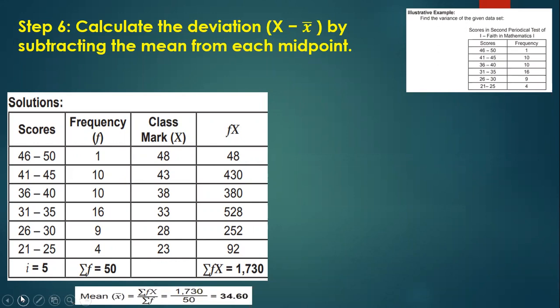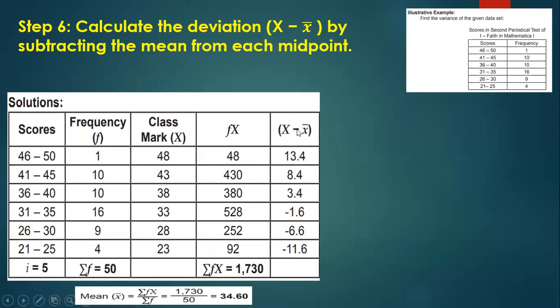So again, you need to add another column. Midpoint minus mean. Look at your class mark, and this is your mean, the 34.6.